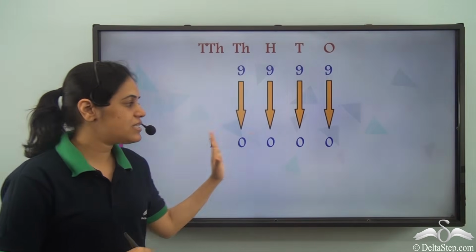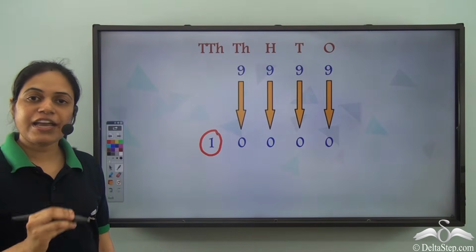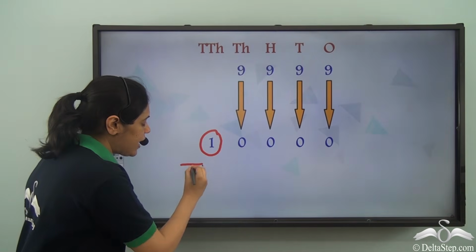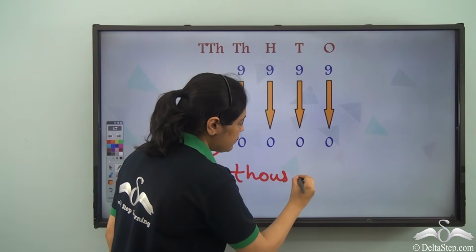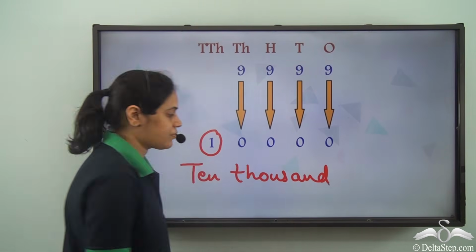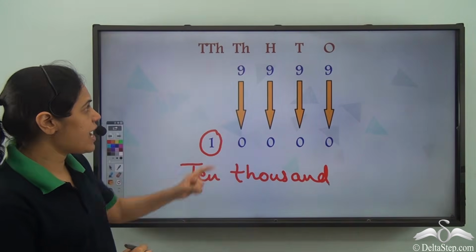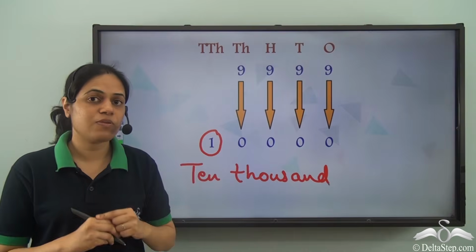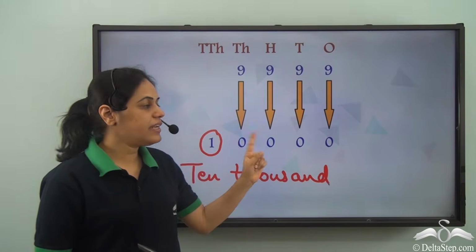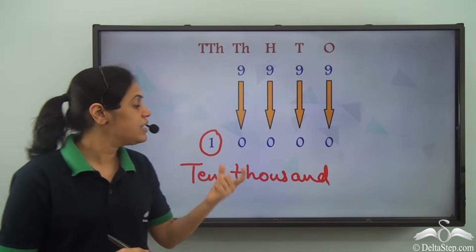So this is a 5-digit number and this one actually represents 10,000, because it is in the 10,000s place. Just like a 1 in the thousands place represents 1,000, a 1 in the hundreds place represents 100.